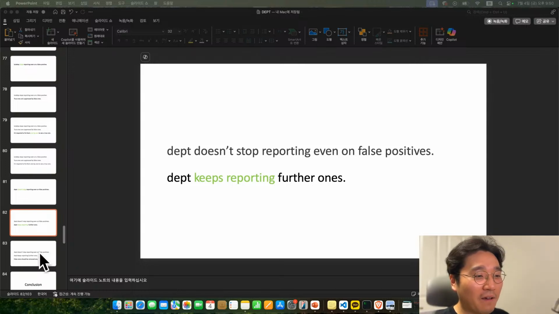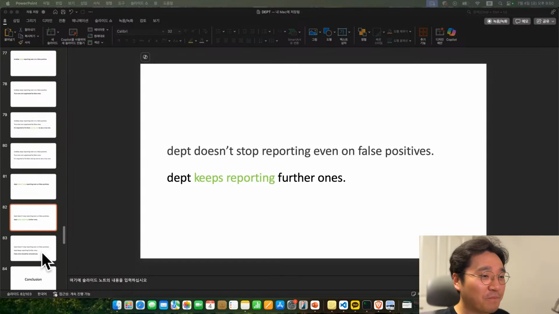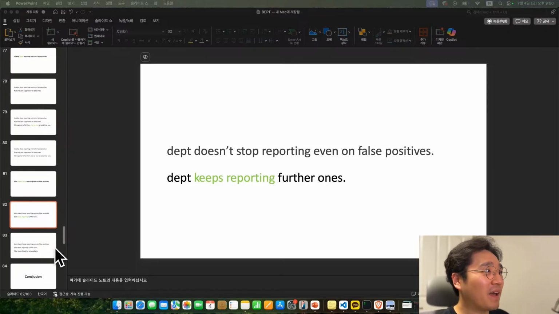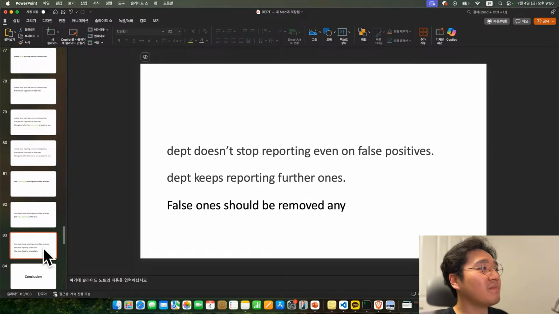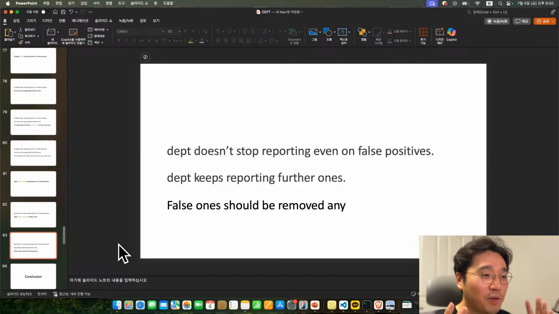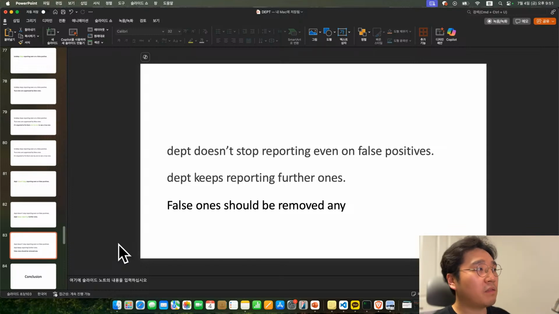Fuzzing consumes a lot of electricity for my computer, right? So false positives need some enhancement for DEPT, right? But that does not stop the reporting, and it continuously reports circular dependencies, right?